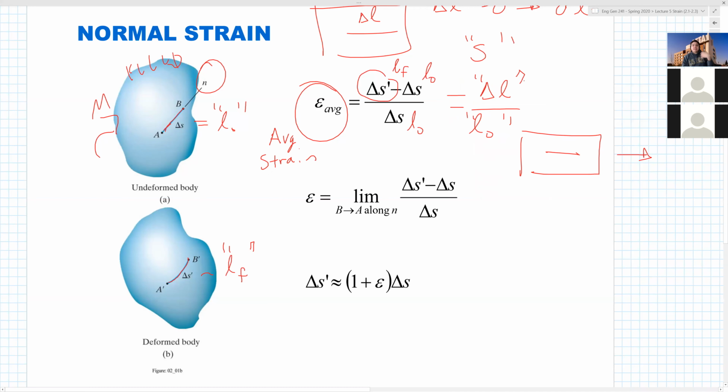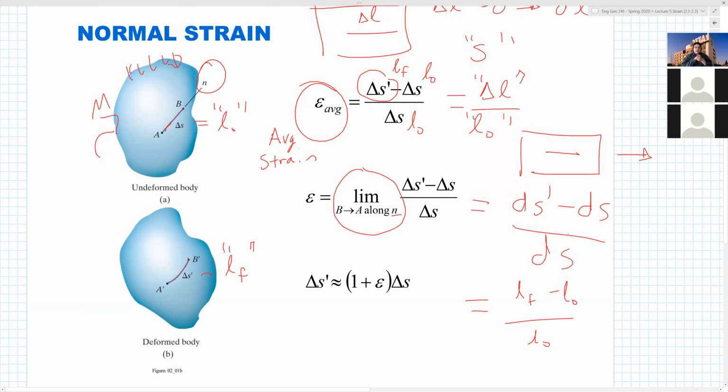Now, what happens if you let delta go to 0? The calculus definition is the limit as B approaches A along the axis. These deltas become ds prime minus ds over ds. Same idea. It's the infinitesimal, like our L final minus L initial.